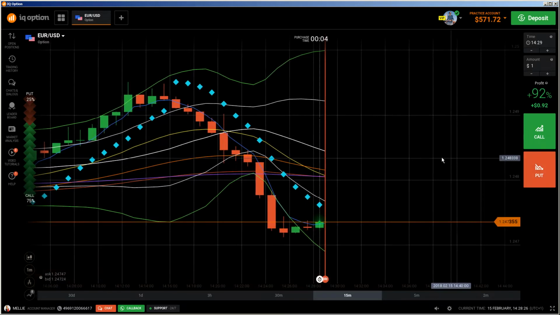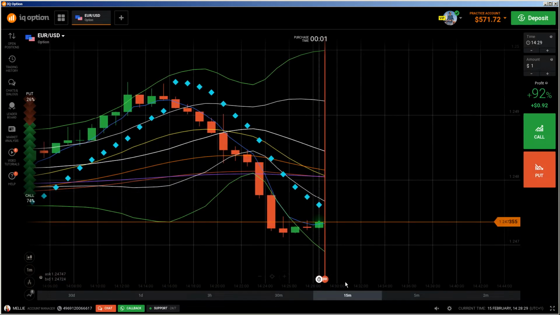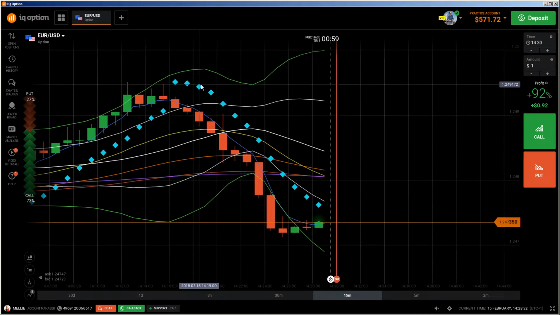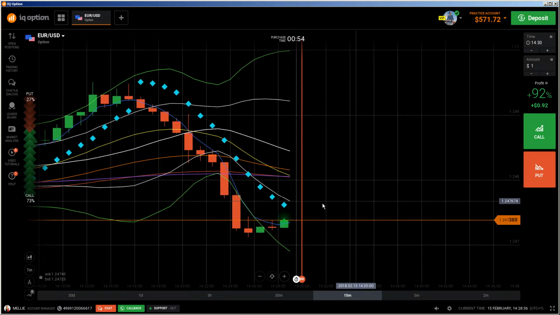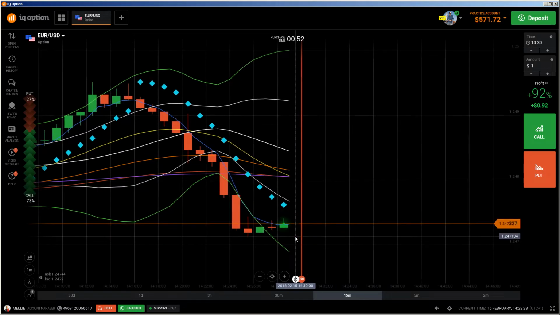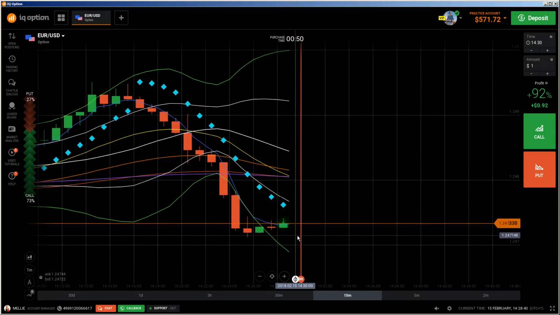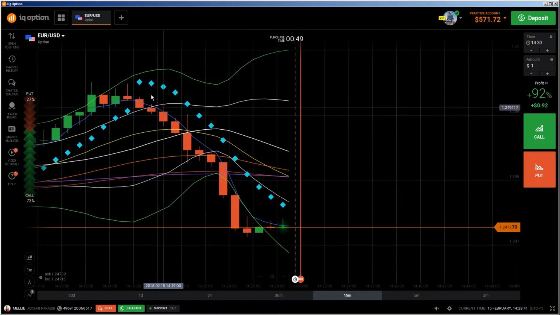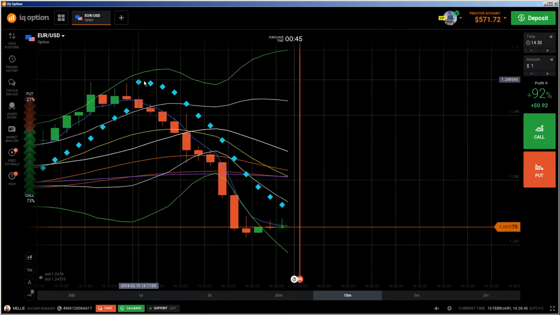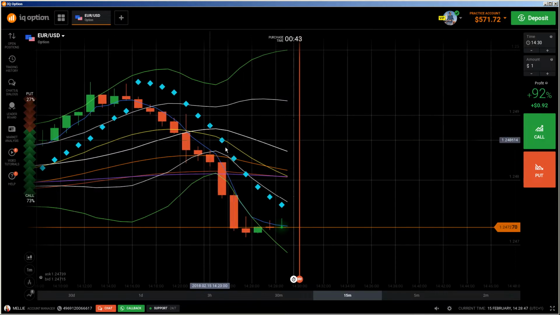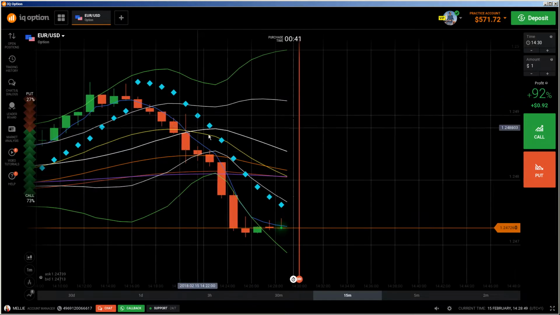And this is how you have to use the parabolic SAR. You can use it to identify if there will be some kind of reversal or some kind of trend continuation. You see, here you could do 1, 2, 3, a lot of in the money trades only by doing trend continuation.